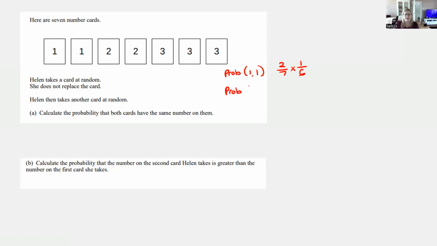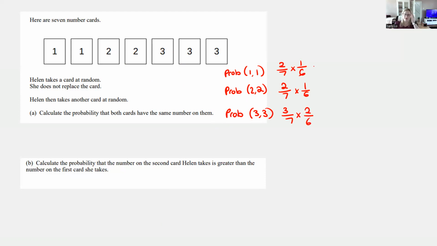The probability of 2, 2. Well, again, it's going to be 2 over 7 times 1 over 6. And the probability of 3, 3 is going to be 3 over 7 times 2 over 6.